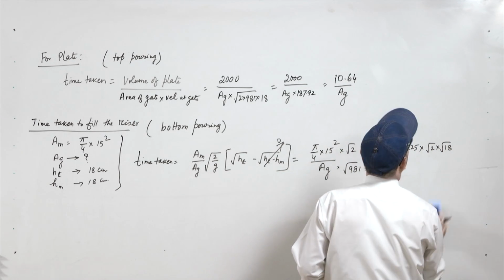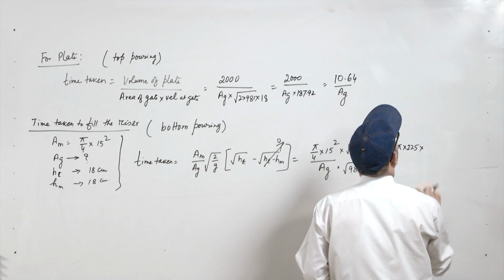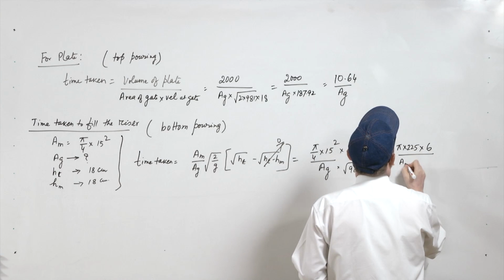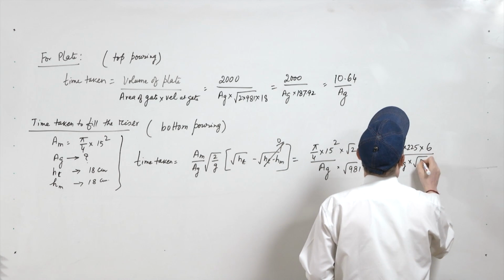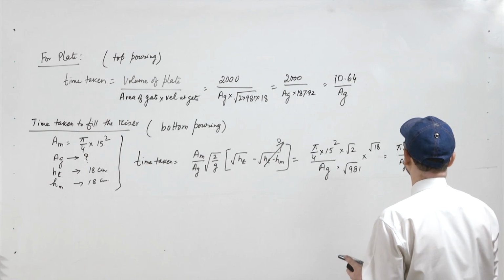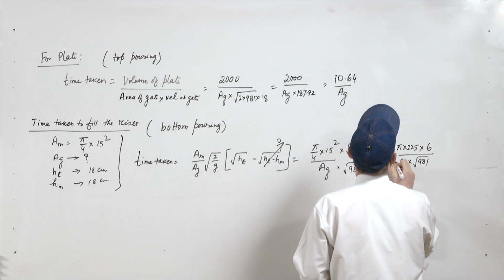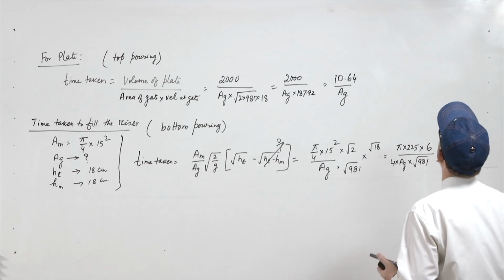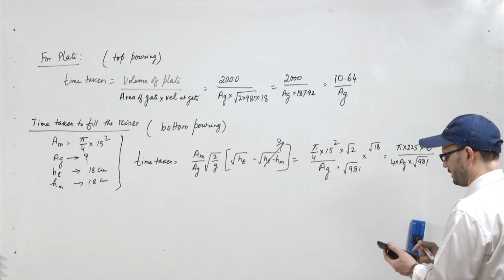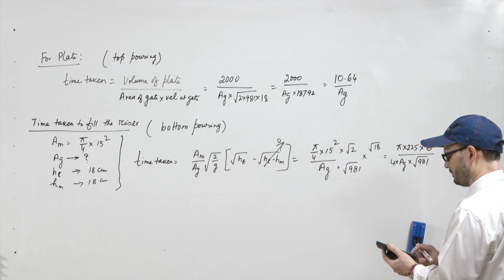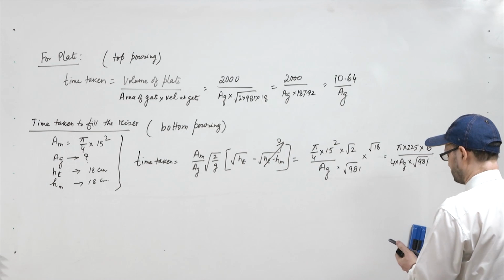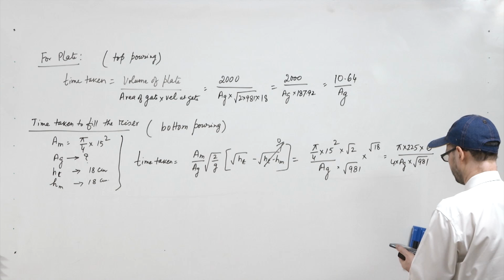So, basically that will be 6 divided by Ag into under root 981, and there will be 4 here. So, let us have its value. It will be 225 into 3.14 into 6.